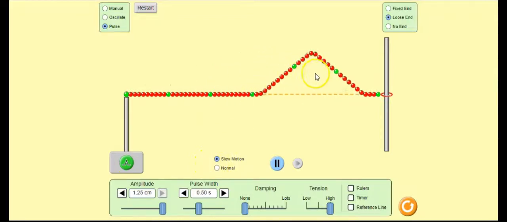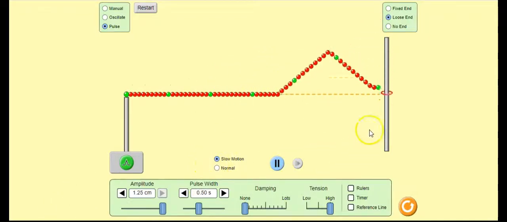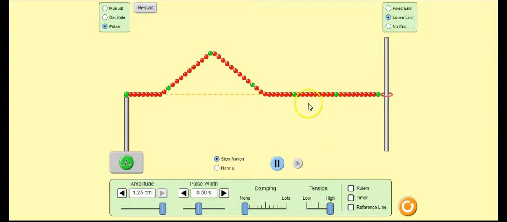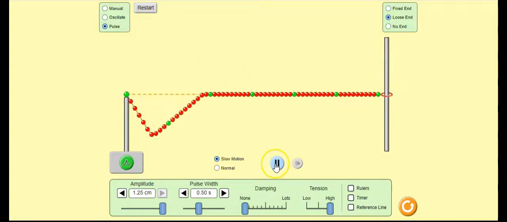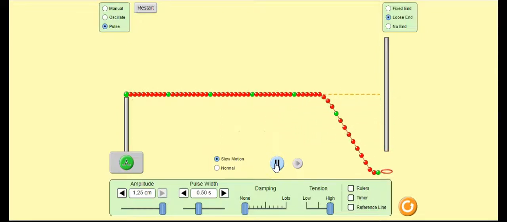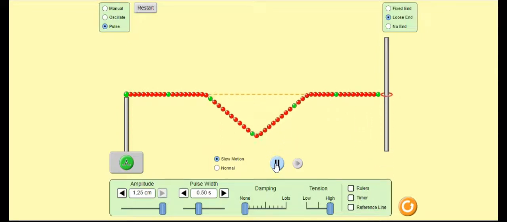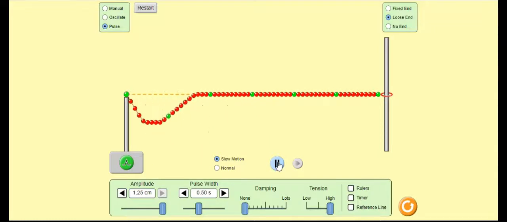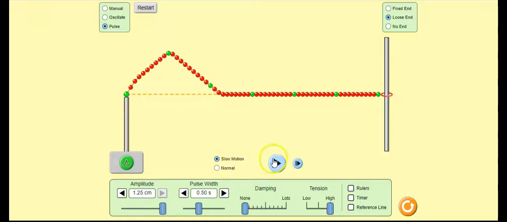There's your wave pulse. Oh, look at that. The free end went up and the pulse returned. Now the free end goes down and the pulse returns on the same side that it started from. So there you go. That's a free end reflection.